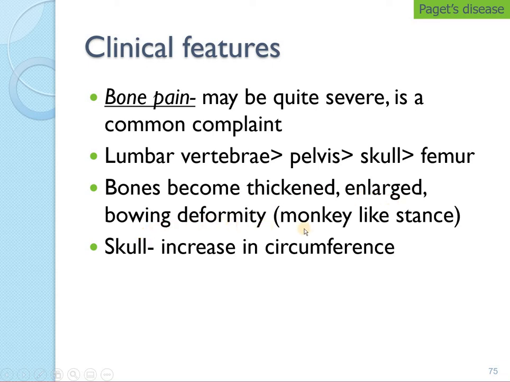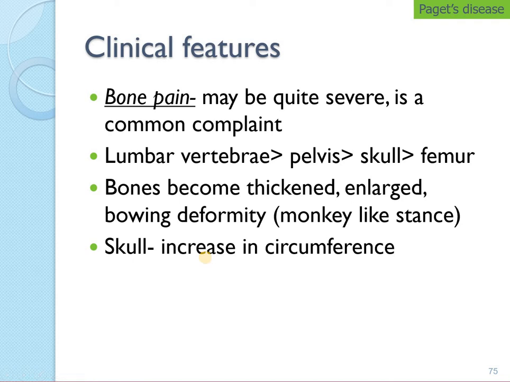The patients usually have a monkey-like stance because of their bent legs. Another characteristic description is that patients have to constantly change their hats because of the increased circumference of the skull due to the disease.